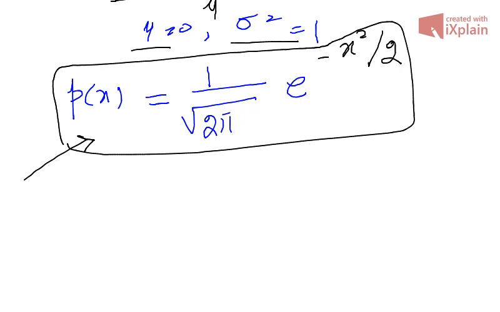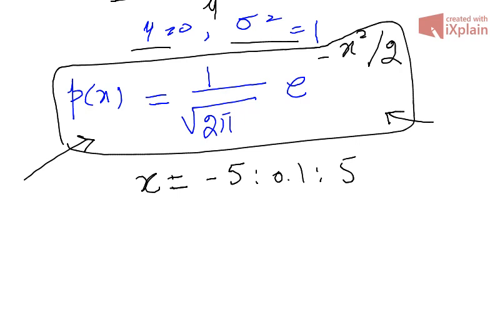Now you can observe it. It's very easy to plot this expression in Octave. For those who are familiar with Octave code, you just take the values of x in the range from -5 up to 5 with a step size of, suppose, 0.1.